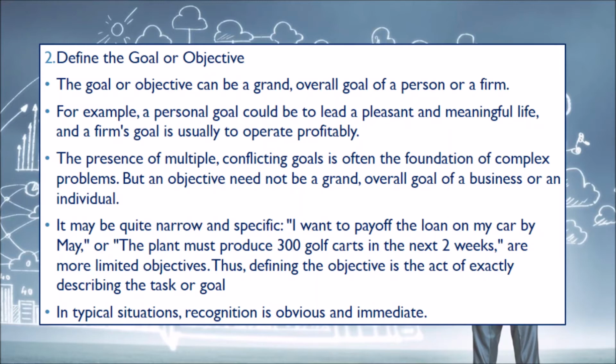It may be quite narrow and specific. I want to pay off a loan on my car by May, or the plant must produce 300 golf carts in the next 2 weeks, are more limited objectives. Thus, defining the objective is the act of exactly describing the task or goal. In typical situations, recognition is obvious and immediate.